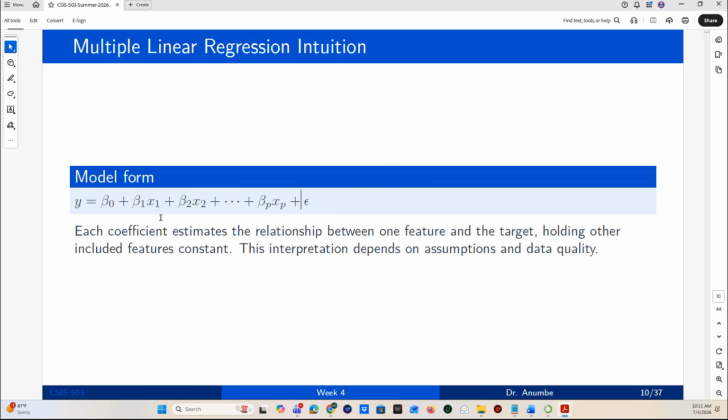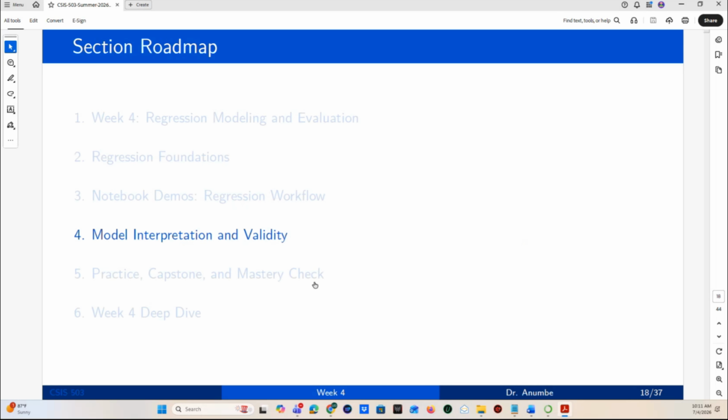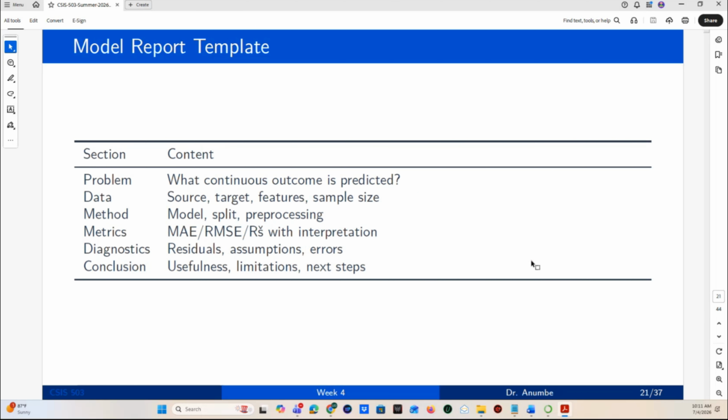That's why you have to be careful how you interpret the effect of one coefficient on a particular parameter or feature. So that's why it says multiple regression coefficients are conditional on other features included.